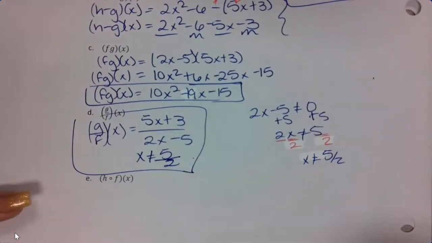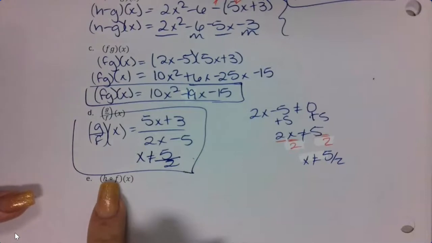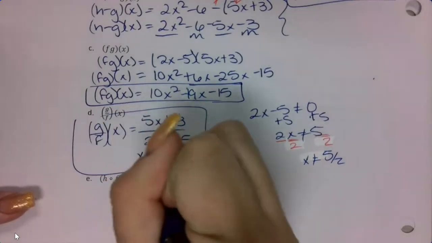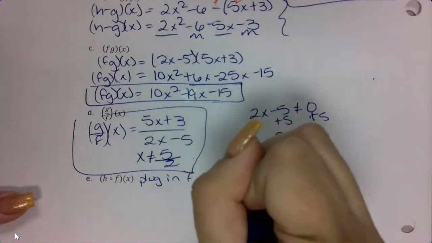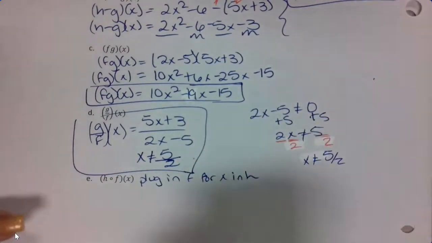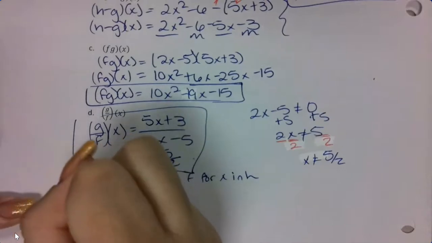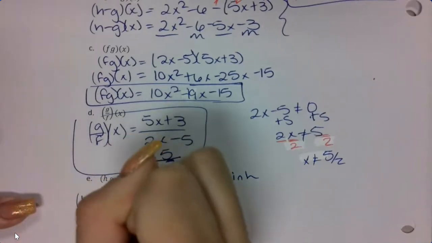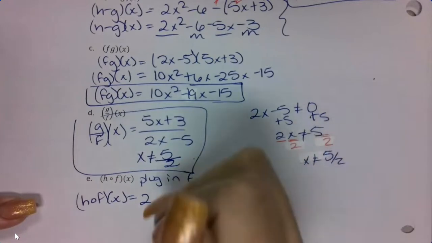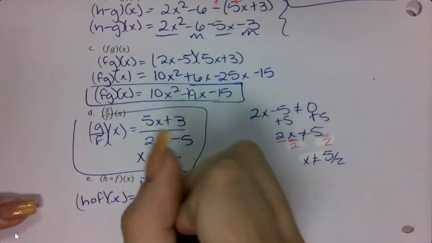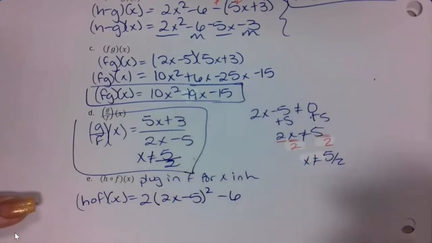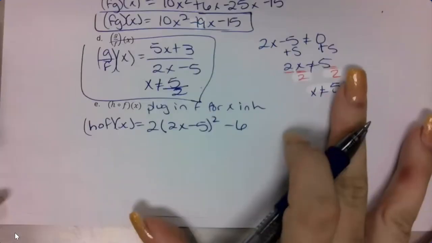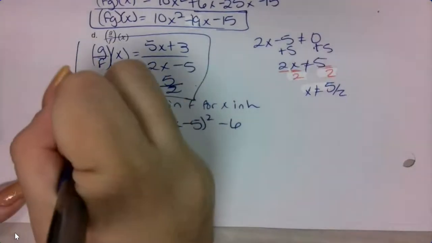On E, it has h of f of x. This means plug in f for x in h. So, every time I see an x in my h function, I'm going to plug in the function for f, which is what I've done right here. Then I want to go ahead and multiply that out.